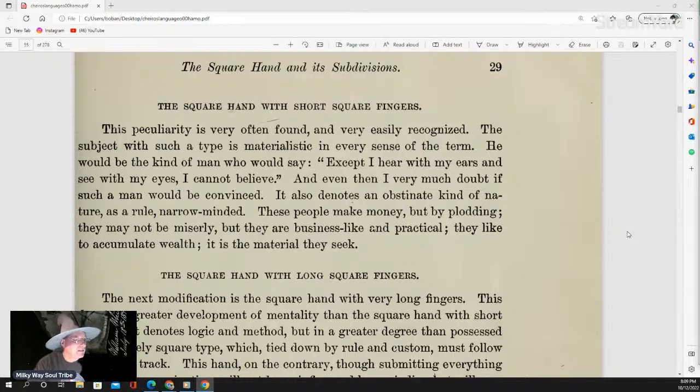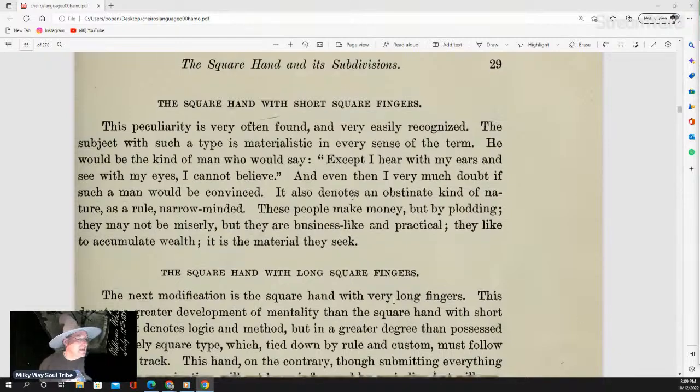And even then, I very much doubt if such a man would be convinced. It also denotes an obstinate kind of nature, as a rule narrow-minded. These people make money, but may not be miserly; they are businesslike and practical. They like to accumulate wealth. It is material things they seek.